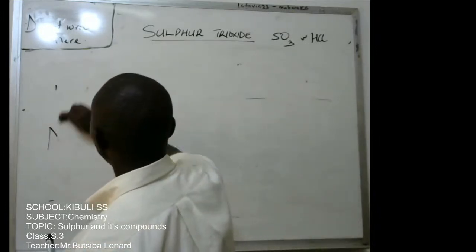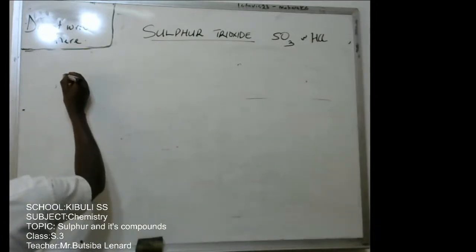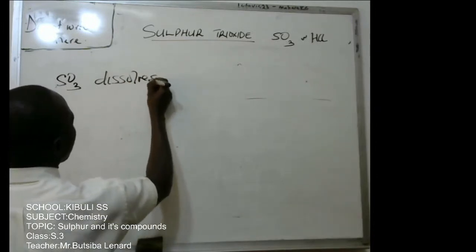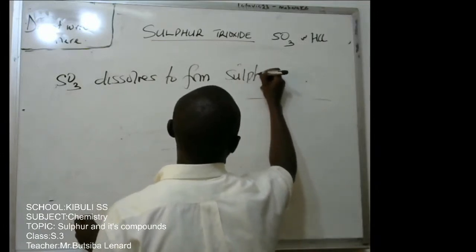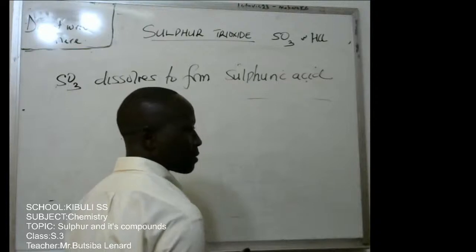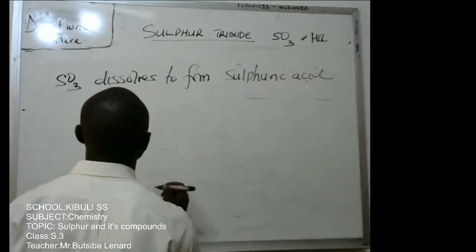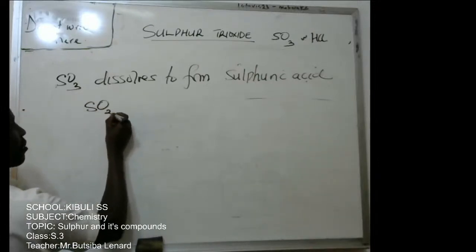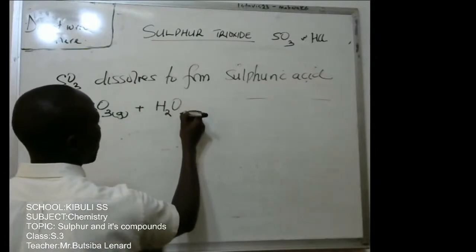So which means, if we are to look at a reaction with water, it means sulfur trioxide dissolves to form, this time, the most stable acid, which is sulfuric what? Acid. But the reaction is very dangerous. And therefore, our equation: sulfur trioxide, a gas, plus water, a liquid.